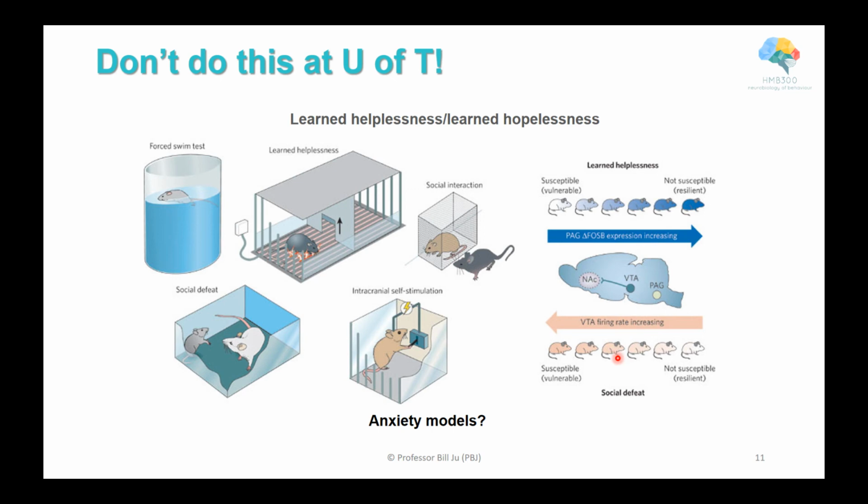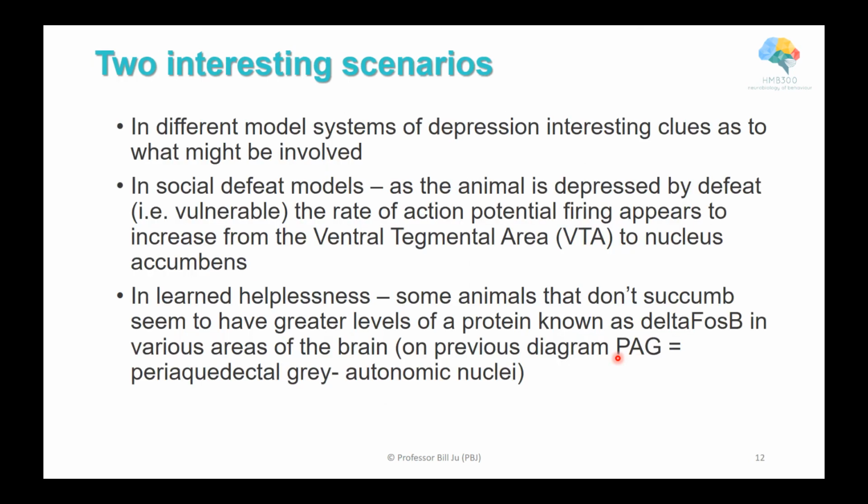So from this diagram, the thing that I'd like you to take away is really the delta FosB element. So this year we're not going to be concentrating on the ventral tegmental area, action potential generation and firing, but it's really the top that I'd like you to concentrate on. And the rest of the lecture slides, the remaining ones, will be dealing with that.